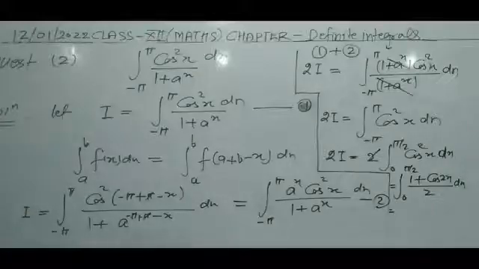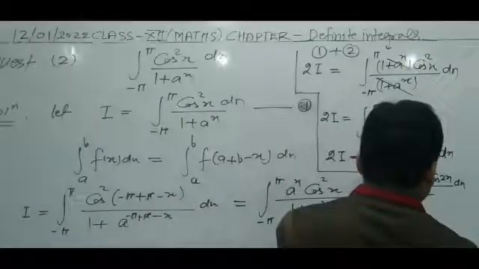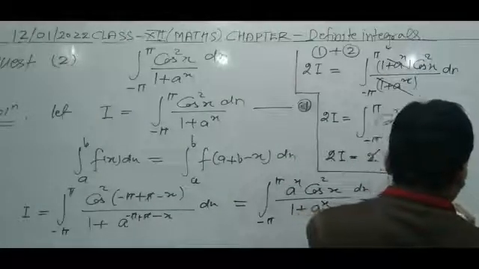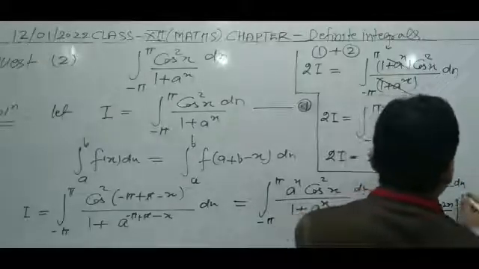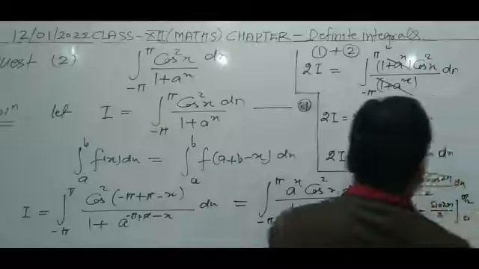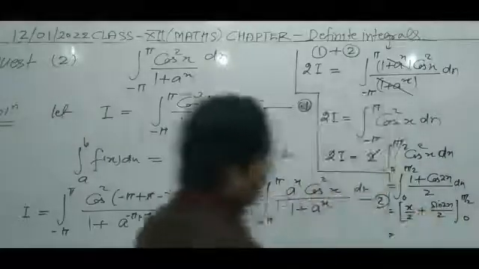So the result is x by 2 plus sine 2x by 2 with upper and lower limits. When you put in the lower limit 0, that will be 0. So for pi by 2 you will get pi by 4.